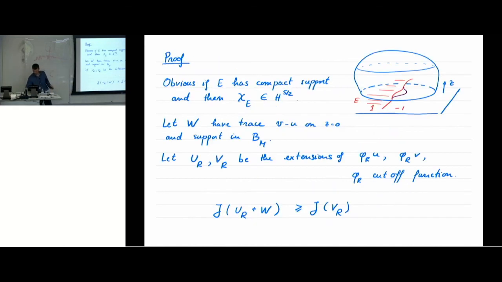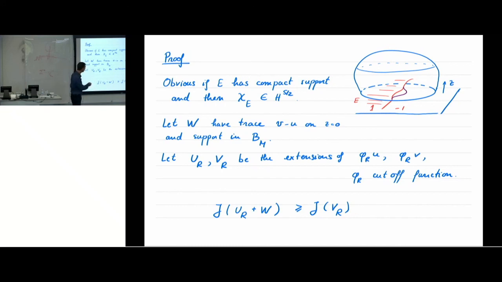So just to draw a picture, essentially you added one extra variable z and your extension minimizes the Dirichlet energy of the extension among all perturbations here, but I'm also allowed to perturb the trace on the bottom.